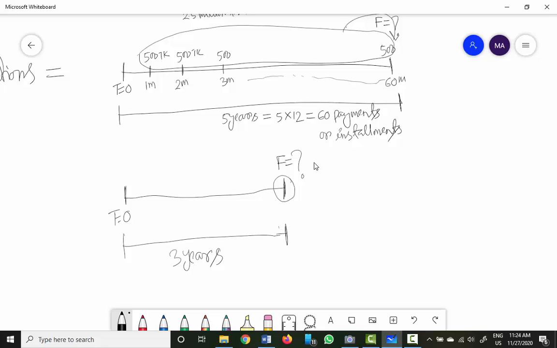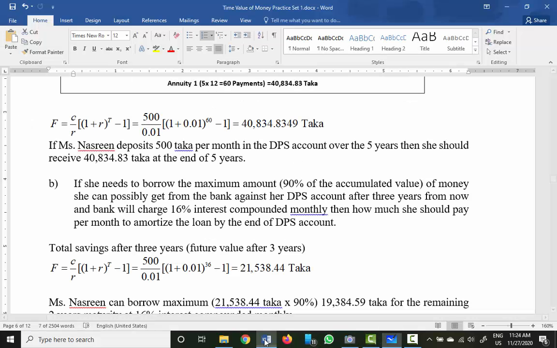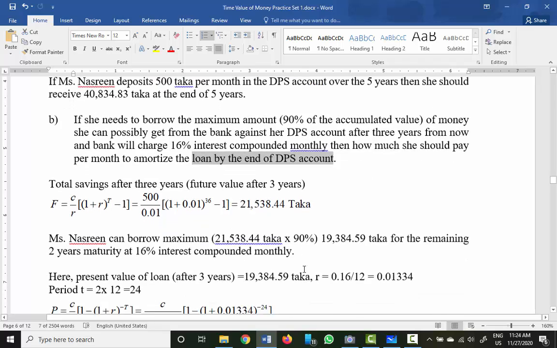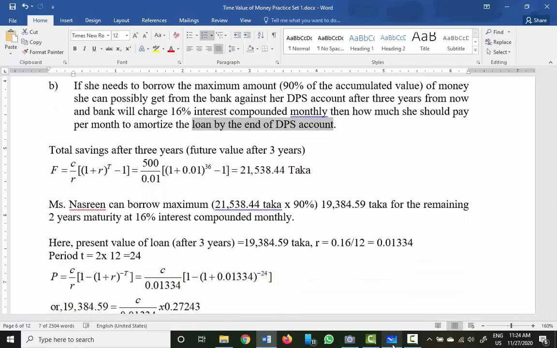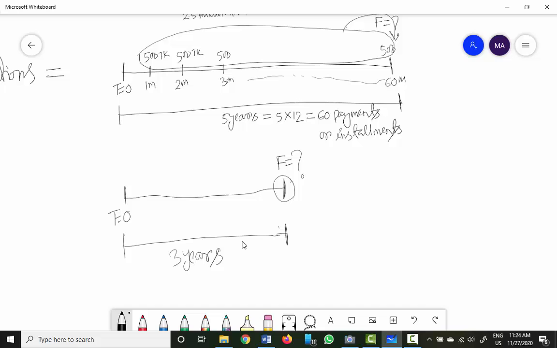So before, we calculated the future value after 5 years. Now we need to calculate the future value after 3 years. As you can see, 3 years means a total of 36 installments.